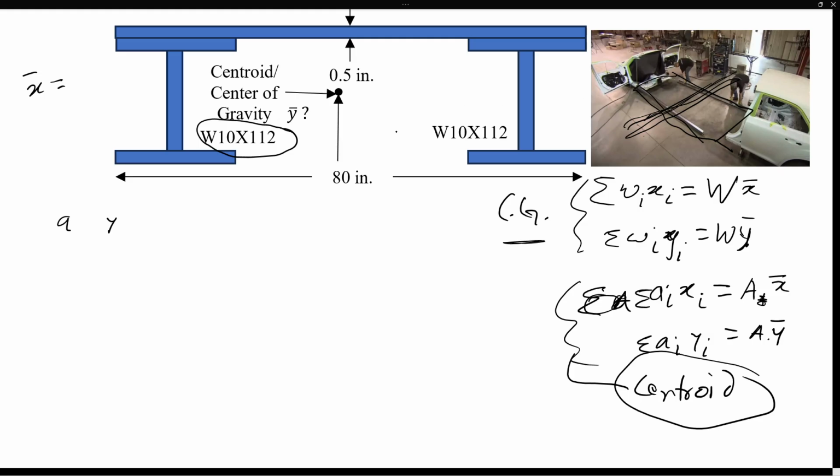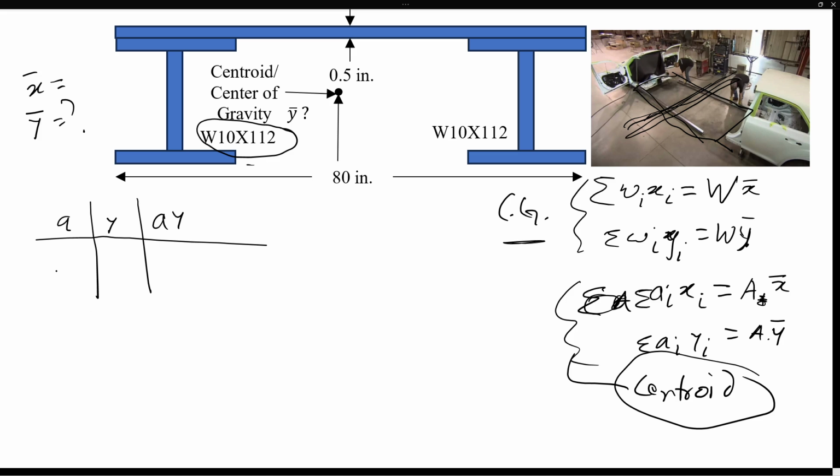What we're doing here is only calculating the y center of gravity, the distance of y from this chassis floor. So if you make a table like this, first you get the area and then the y, and then the A times y.